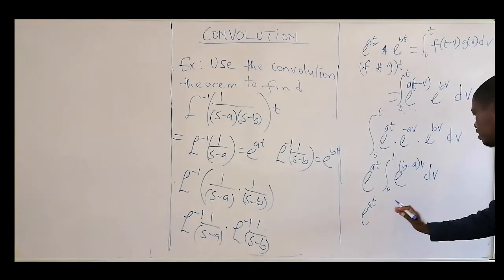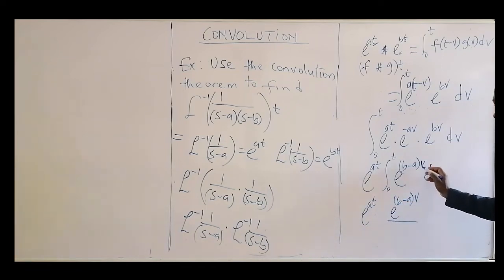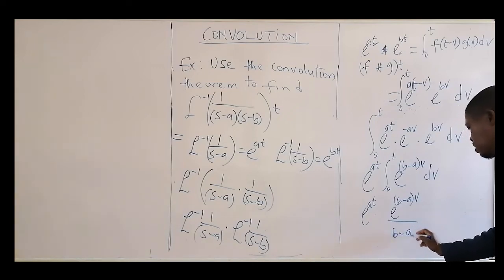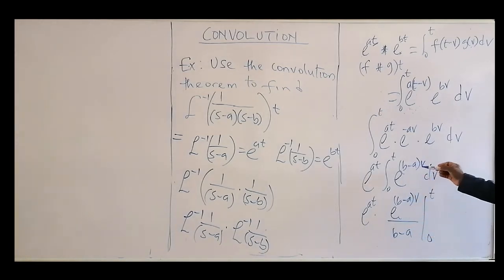This is a constant; integrating this gives e^((b minus a)v) divided by the coefficient of v, b minus a, with the upper limit t and lower limit 0. The integral of an exponential is that function, but you must divide by the coefficient of the variable v, that is, the derivative of the power with respect to v.